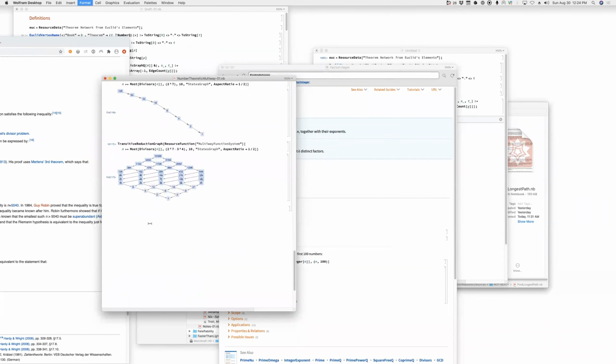So the presence of multiplication in the number is like the addition of rules to the multi-way system. It's like the concatenation of rules.